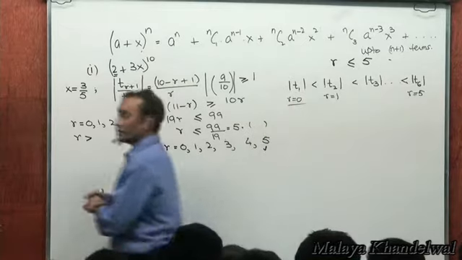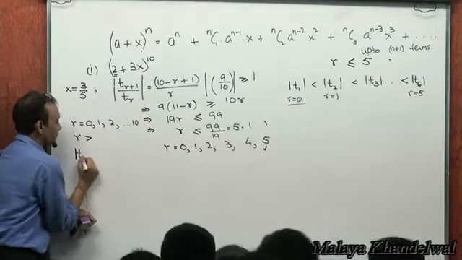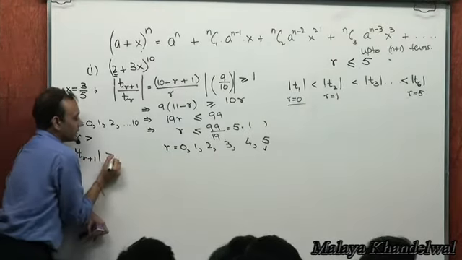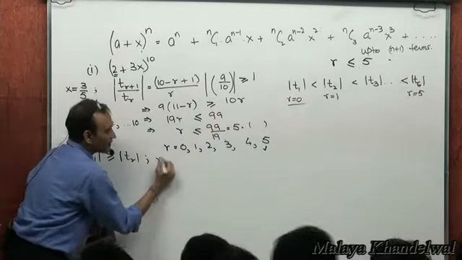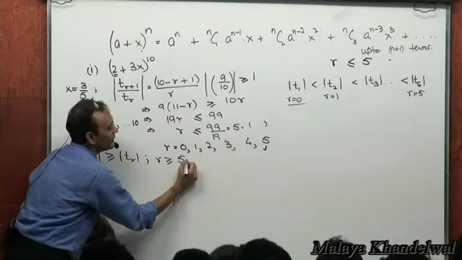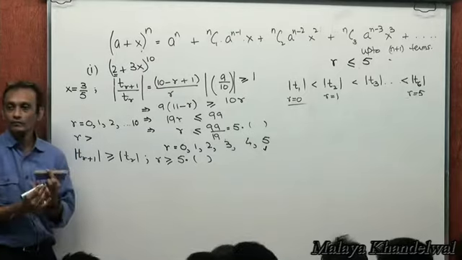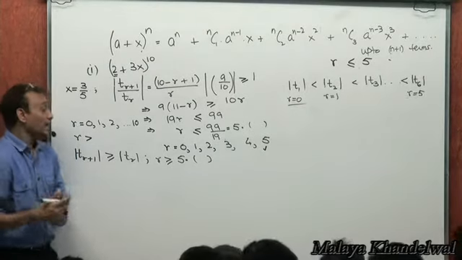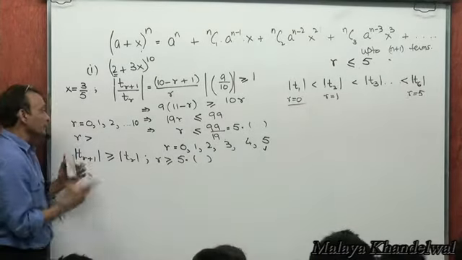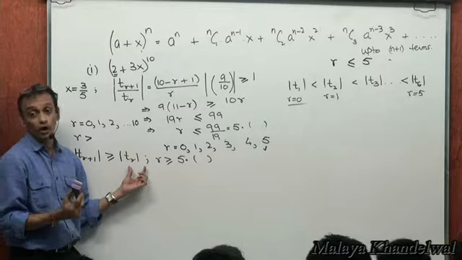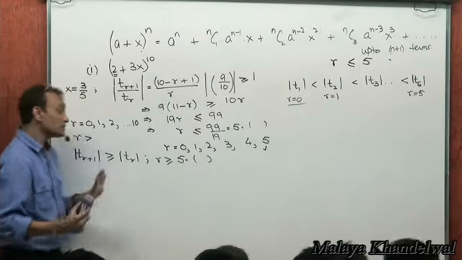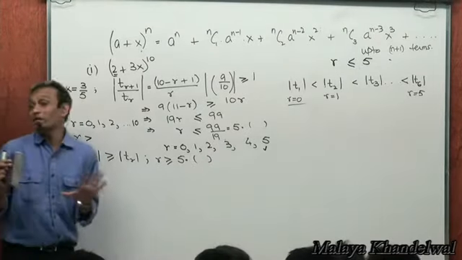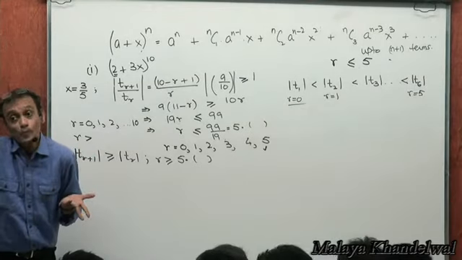So mod tr plus 1 would have been greater than or equal to mod tr for r greater than or equal to 5 point something, right? And for r equal to 5 point something, mod tr plus 1 would have been equal to mod tr, but r is never becoming equal to 5 point something. That means mod tr plus 1 is never becoming equal to mod tr.